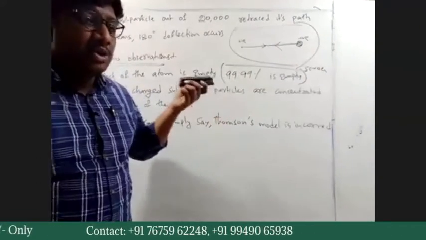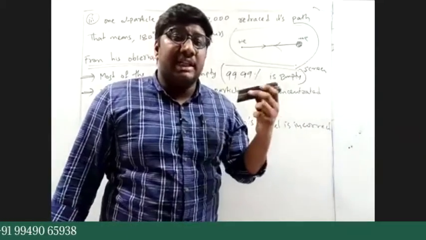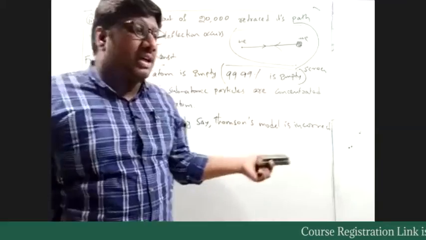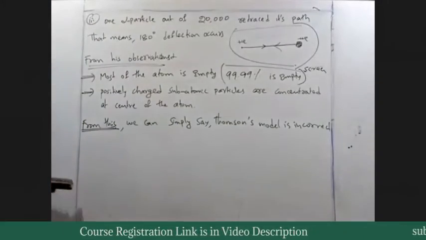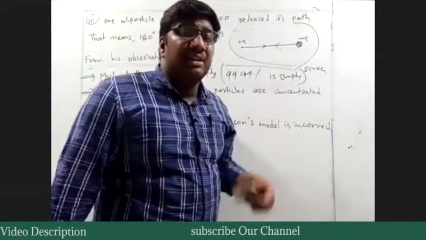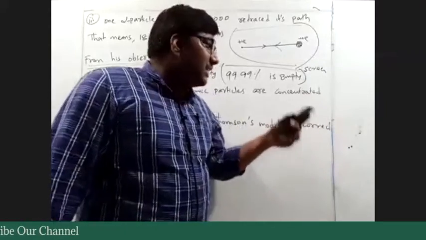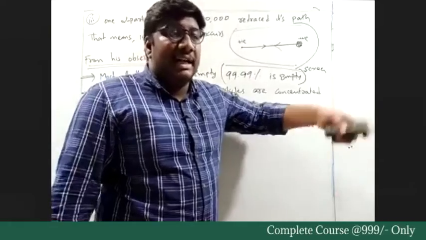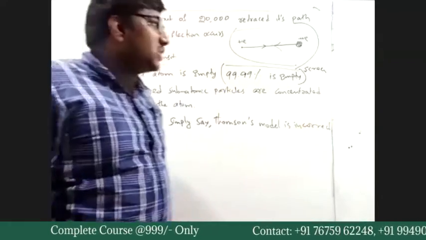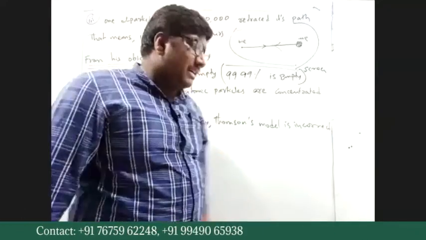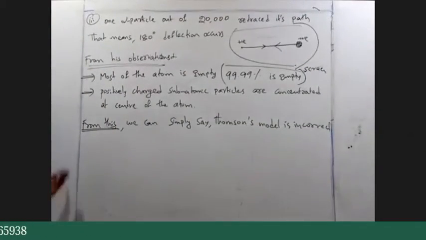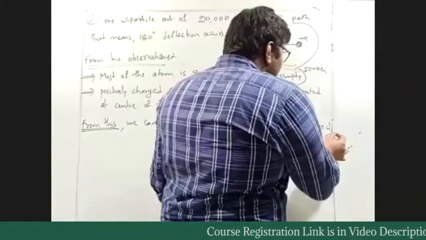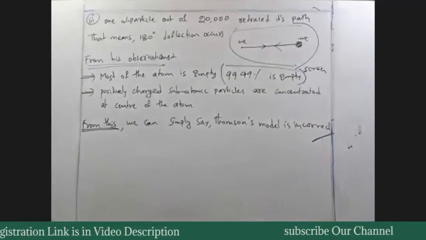Why? Because most of the alpha particles are not deflected. They do not experience any deflection. That is, most of the atom is empty. But what does Thomson's model say? Thomson's model says that a positively charged sphere is present inside an atom. If there is a positively charged sphere, then the alpha particle should experience repulsion and should have a deflection. That is not present. So from Rutherford's experiment, we can simply say Thomson's model is incorrect. Is that clear or not?